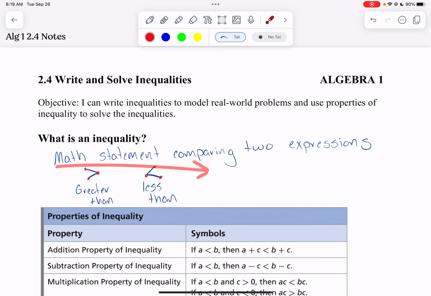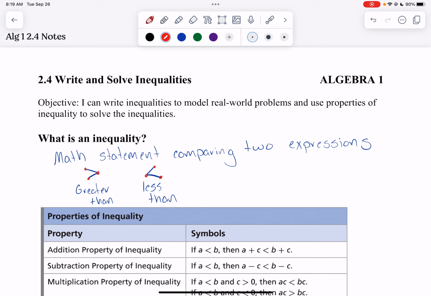So with the greater than symbol, 2 dots comes before the 1 dot. 2 is greater than 1, so the bigger side is first. Whereas with the less than symbol, the smaller side is first. The 1 dot comes first, and then the 2 dots.